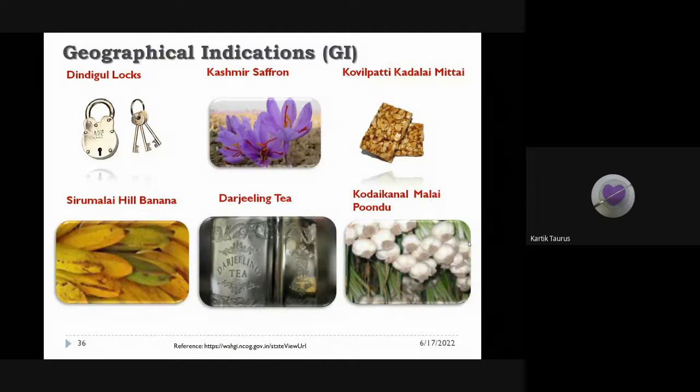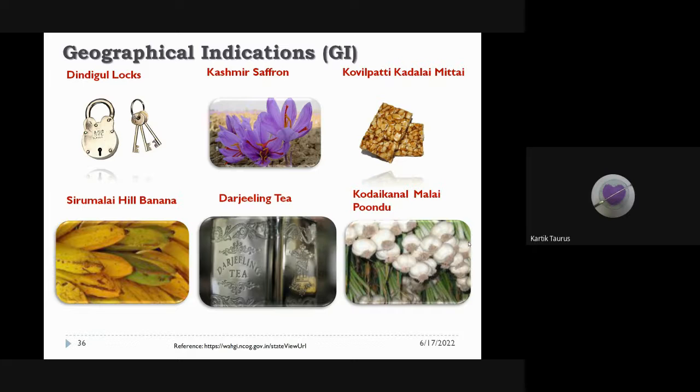The Darjeeling Tea Manufacturers Association approached the office and showed this unique behavior, and the office granted them the GI tag. So no tea manufacturers in any part of the world can use the Darjeeling tea name in their product.